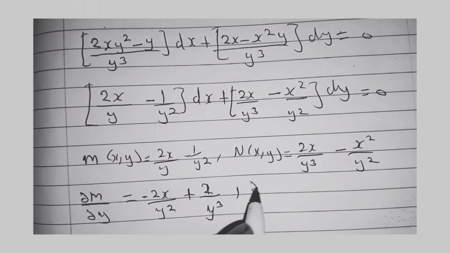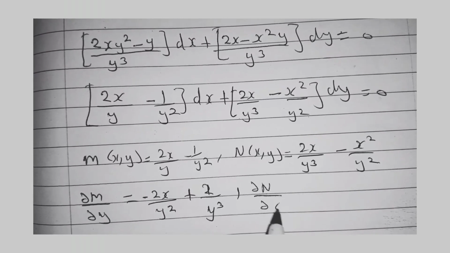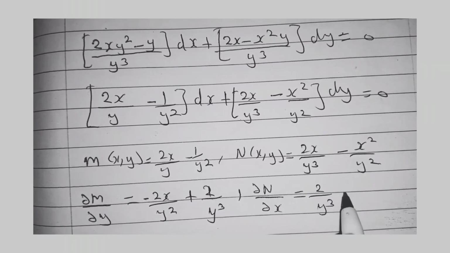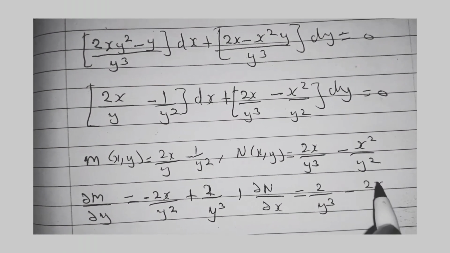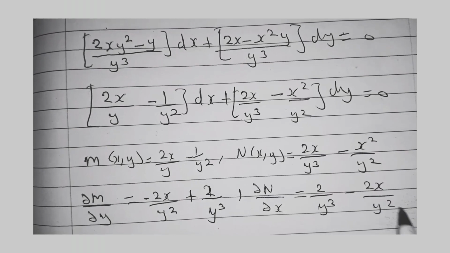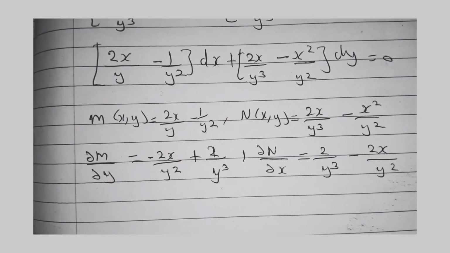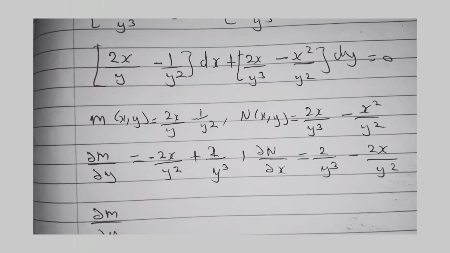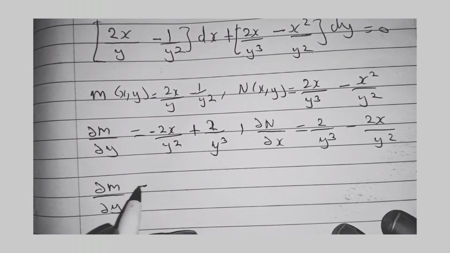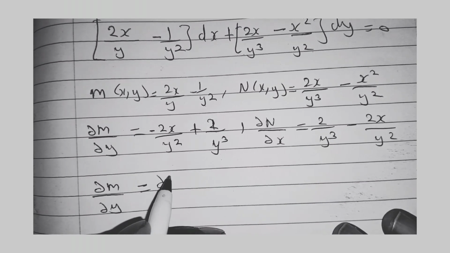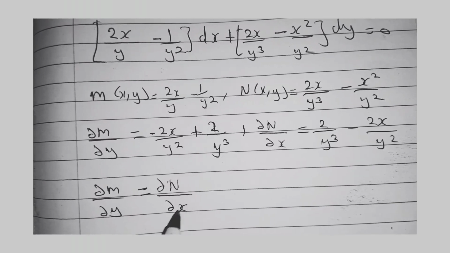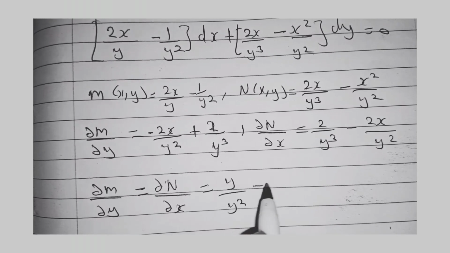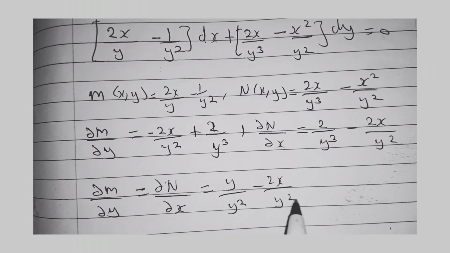Then you obtain partial of n with respect to x. So this will give you 2 over y cubic minus 2x over y squared. So clearly from this, we have seen that partial of m with respect to y is equal to partial of n with respect to x, which is equal to 2 over y cubic minus 2x over y squared here.